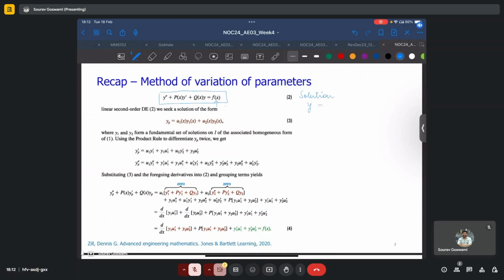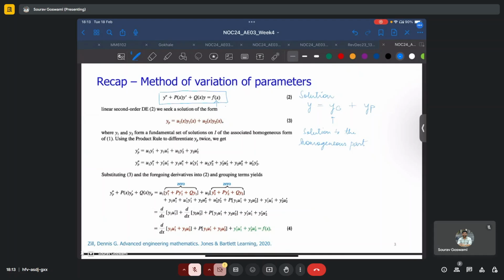It will first have a complementary function, which is the solution to the homogeneous part. And it will also have a particular solution. We denote these by yc and yp respectively.